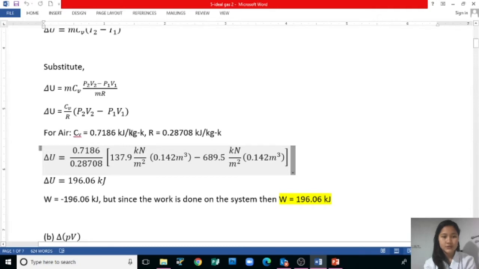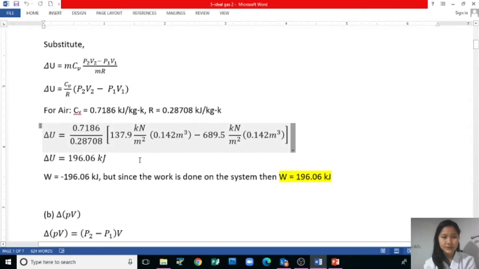Now for the air, the specific heat of the air is equal to 0.7186 kilojoules per kilogram degree Kelvin. I forgot to put degree here. And R of air is equal to 0.28708 kilojoules per kilogram degree Kelvin.